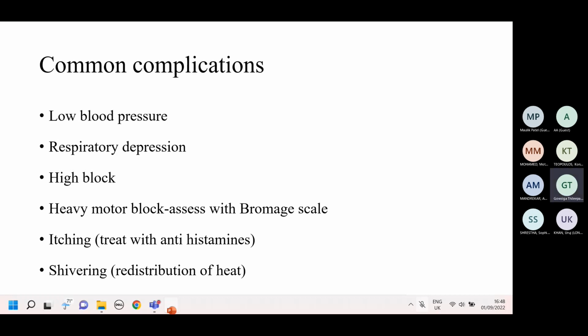If the patient is having a heavy motor block and can't move the legs, like a spinal anesthetic with a dense block, it should be addressed immediately.